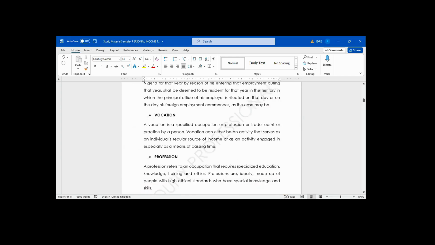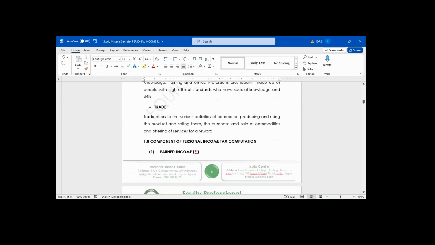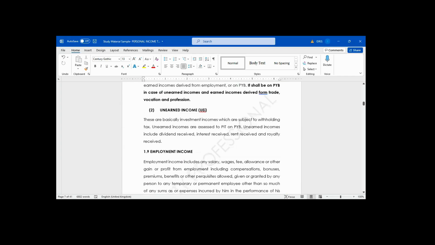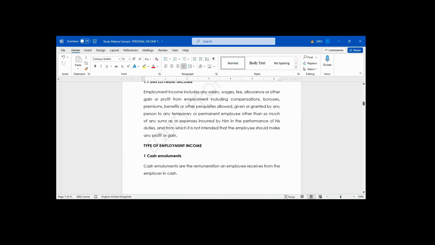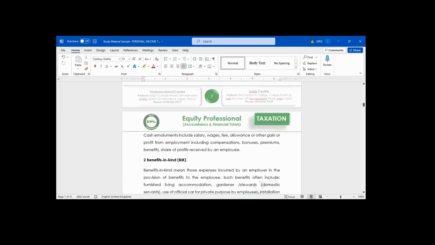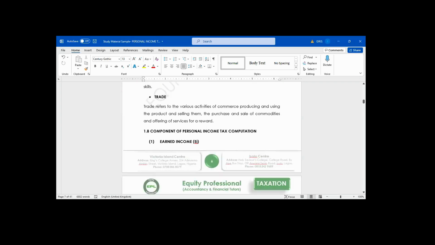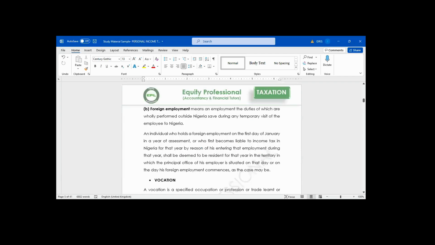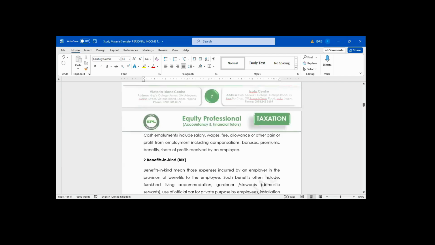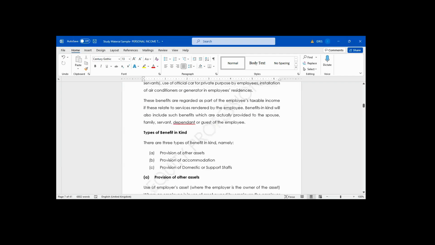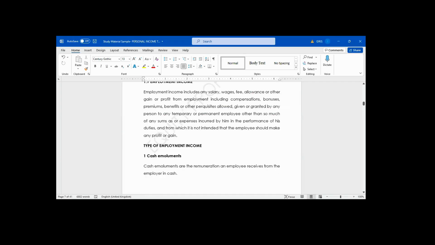Non-financial benefits provided by employer to the employee, non-cash benefits provided by employer to the employee in the course of what? Employment. One of them is provision of accommodation, another one provision of other assets, another one provision of domestic or support staff. And I've explained them one by one.